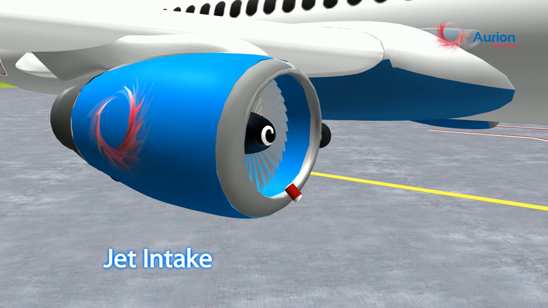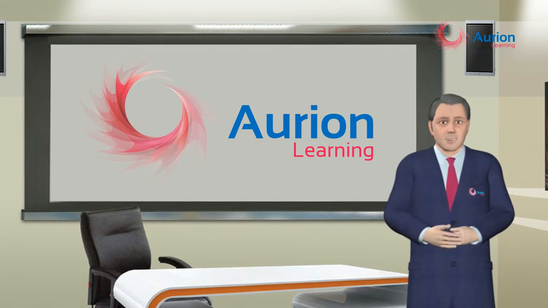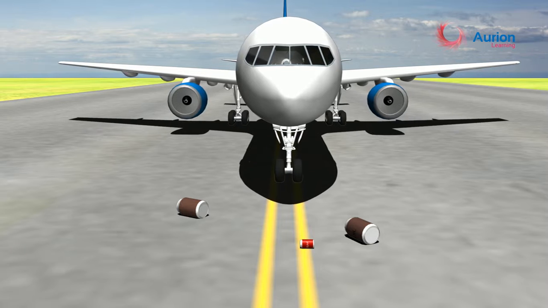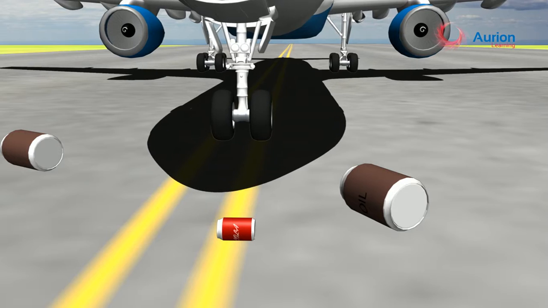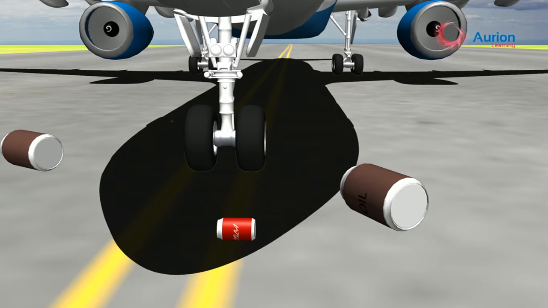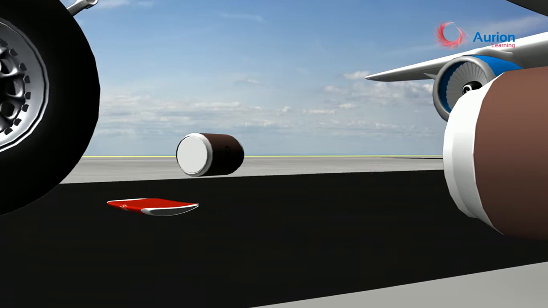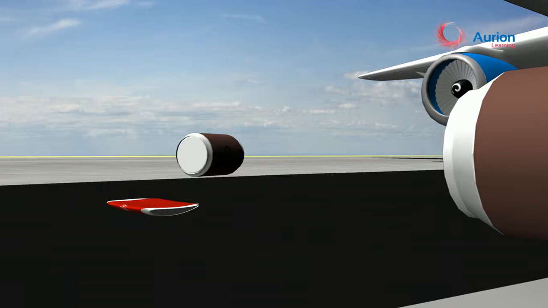and unit load devices. Now, let's see what FODs are. FOD stands for Foreign Object Debris and is a substance, debris or article alien to a vehicle or system which would potentially cause damage.